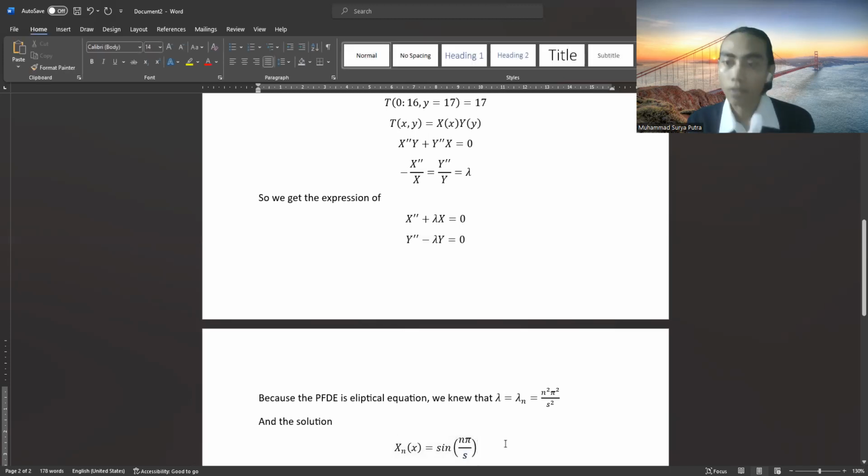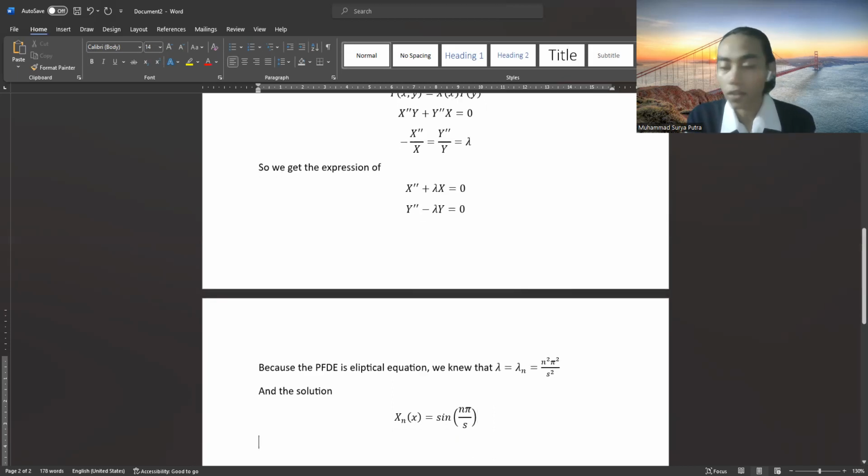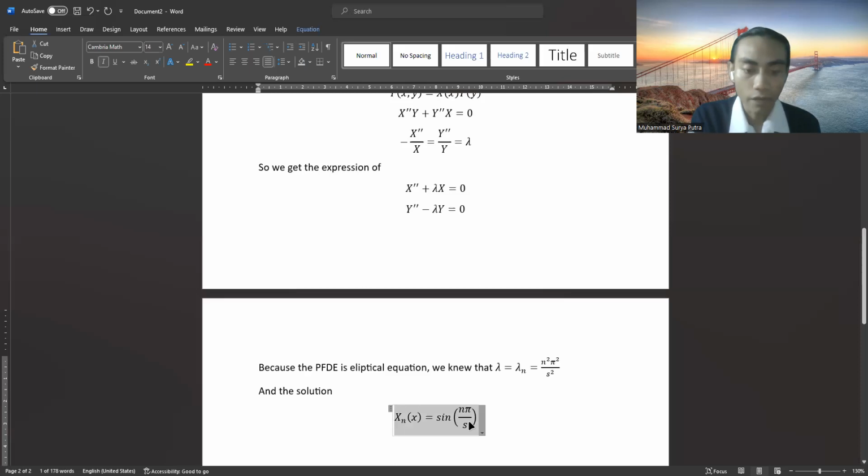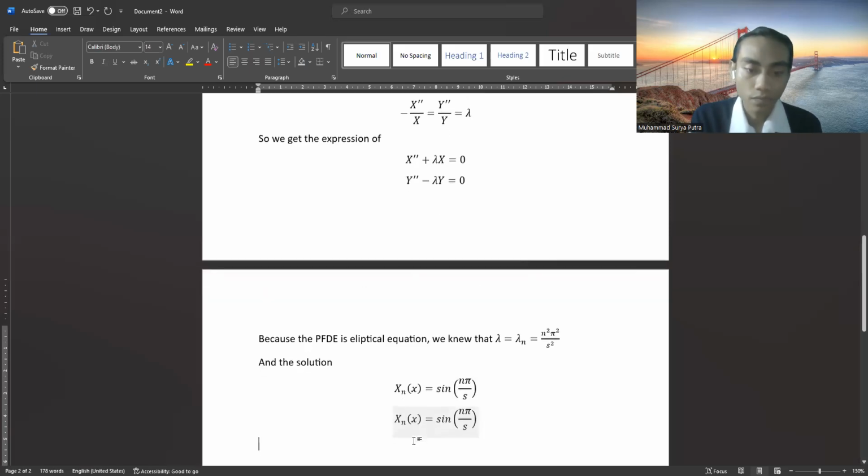Okay, the s is actually the side, the length of the side. So yeah, this is the s, the length of the side. And then we have the overview.